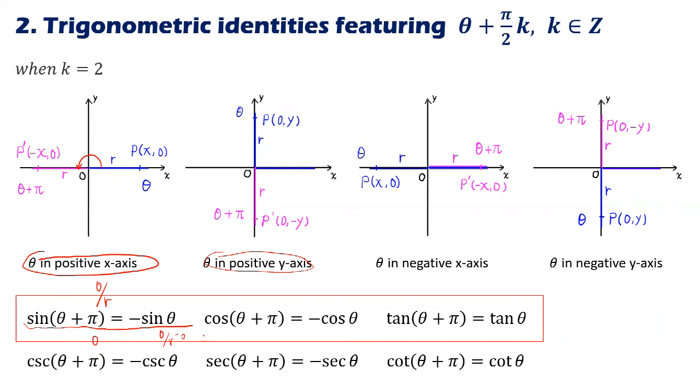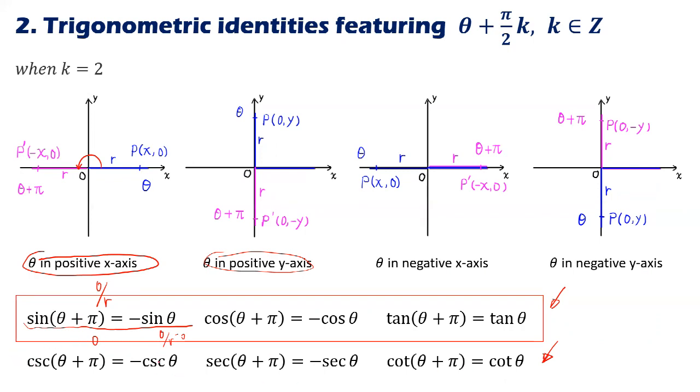And using a similar method, we can also prove that cosine of theta plus pi equals minus cosine theta, and tangent of theta plus pi equals tangent theta, right? Okay, so this is for the primary ratios. For the secondary ratios, again, use the reciprocal property.